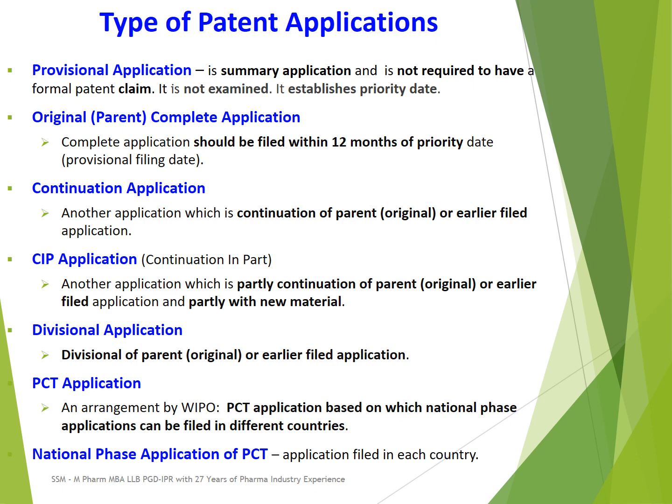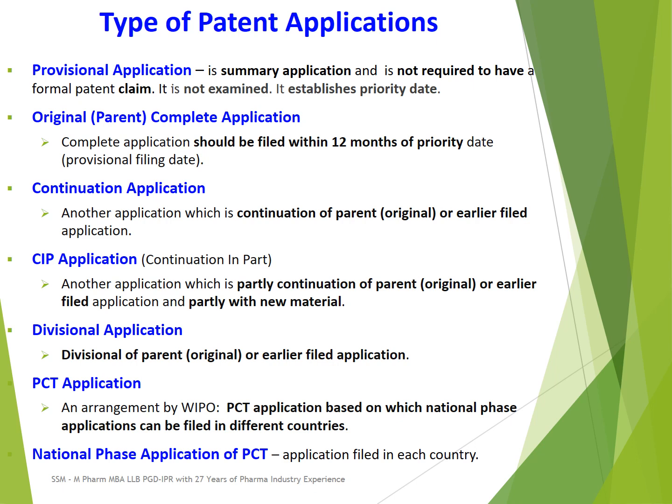If the patentee wants to file applications in many countries, what will he be doing? He needs to file patent applications in all those countries on the same day. It is very difficult. You cannot file all applications in maybe more than 150 countries on the same day. It is very expensive and resource consuming.